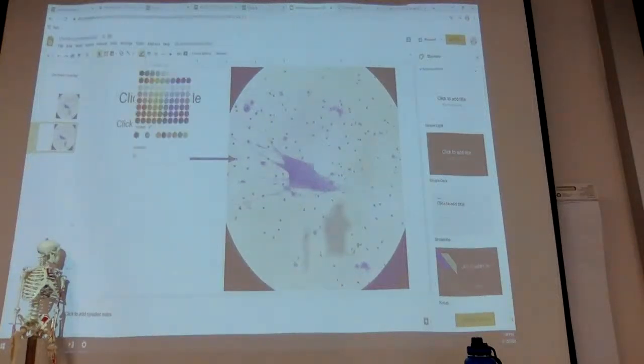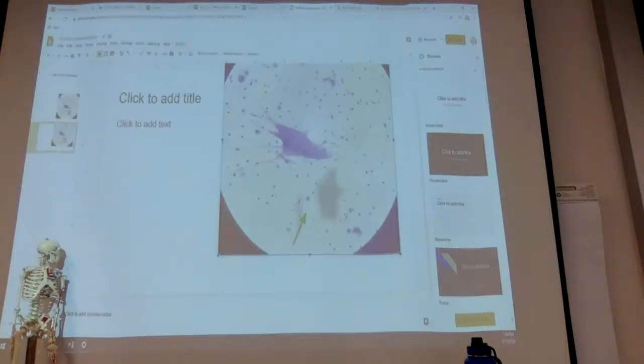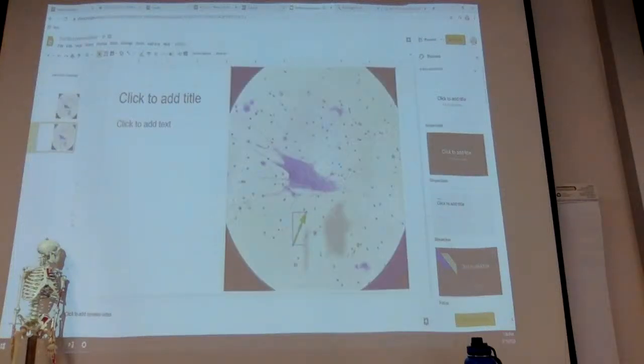Where's color? In color, green, that stands out. So now I can point to different things. Whoops. Can point to the cell body, point to the dendrites, point to the axon hillock, and then I can type. I can add text.